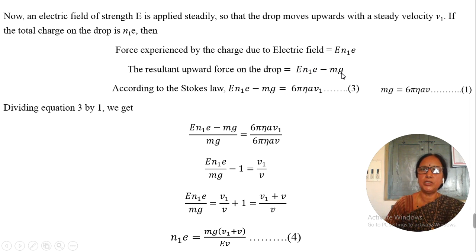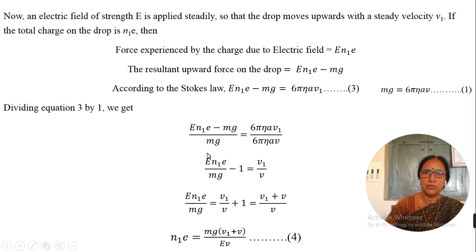According to Stokes' law, we can equate this to the viscous force with velocity v1. Call it equation number 3. Dividing this equation by equation 1, we get this expression.